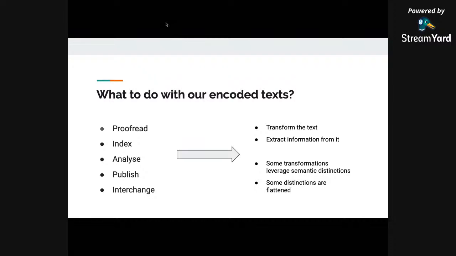Another thing which we can do with our encoded files is to index our corpus. So if we have multiple files, we can produce things like an index of places or names, etc., with information extracted from the encoding that we've produced in the first place. Similar for various kinds of textual or structural analysis.